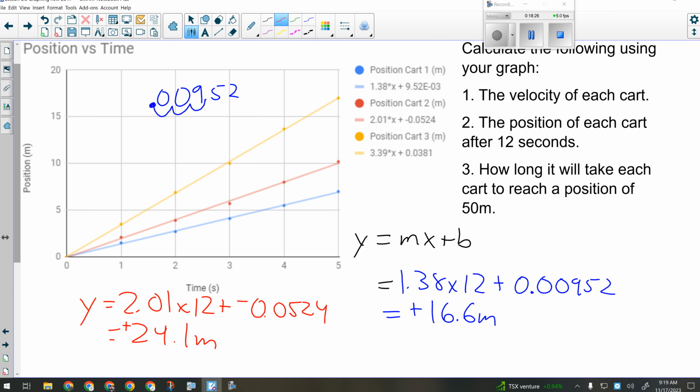All right, and then for the last one, for the yellow cart, we're going to have y equals 3.39 times 12 plus 0.0381.